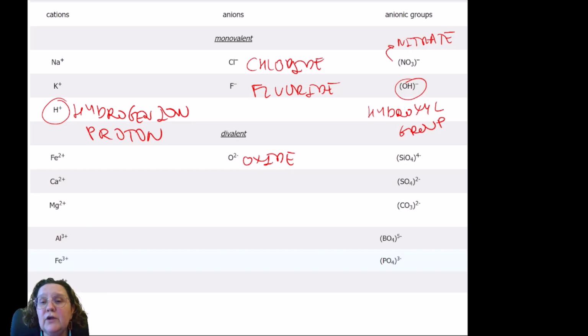The next one, SiO4, is silicate. And this one is also useful if you think of something like sulfuric acid, etc. It is the sulfate group, which I've chosen to write with the British English spelling, but you will also see it as sulfate with an F if you're using the American spelling. And this one, CO3 2 minus, is the carbonate group.